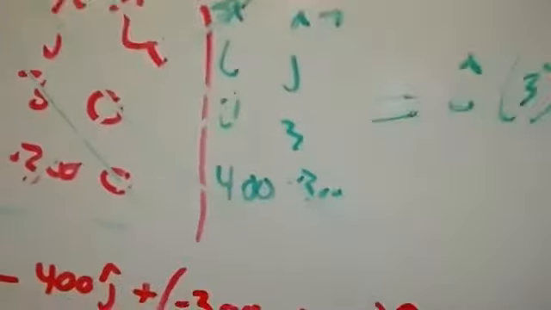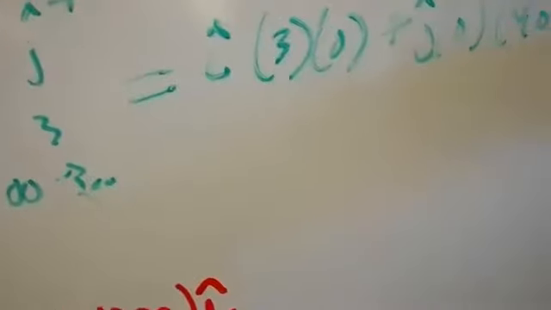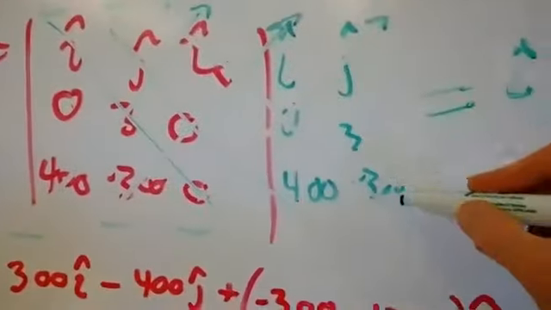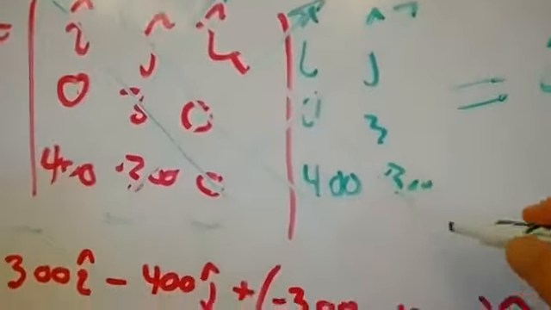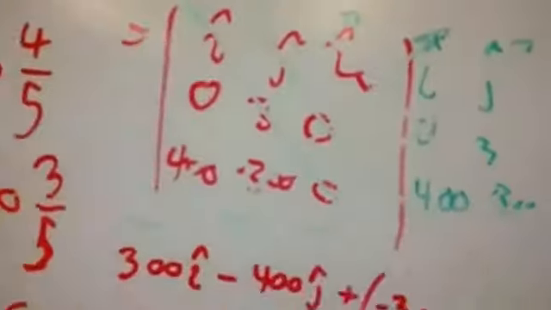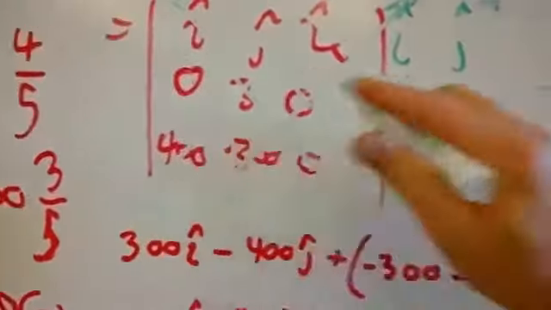We would just dot it with the unit vector of OA, the x-axis. Plus k times 0 times 300. Then minus k times 400 times 3.